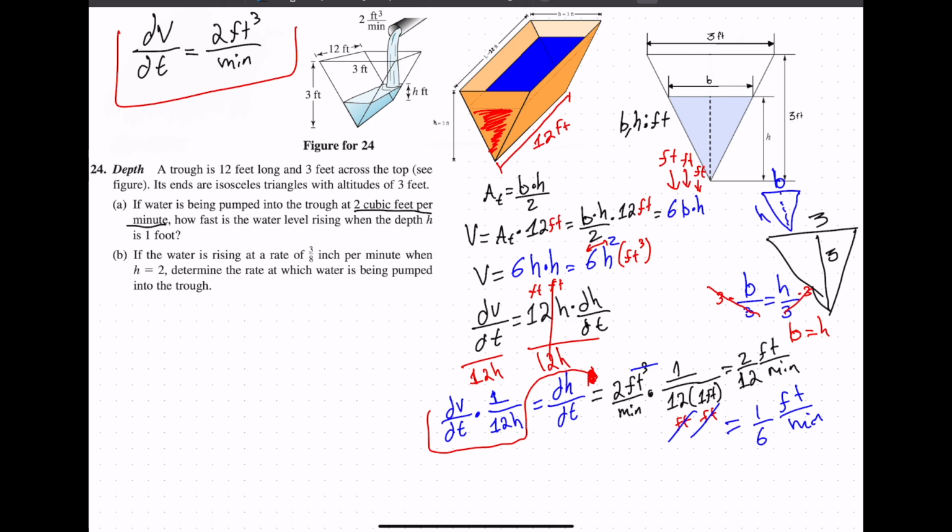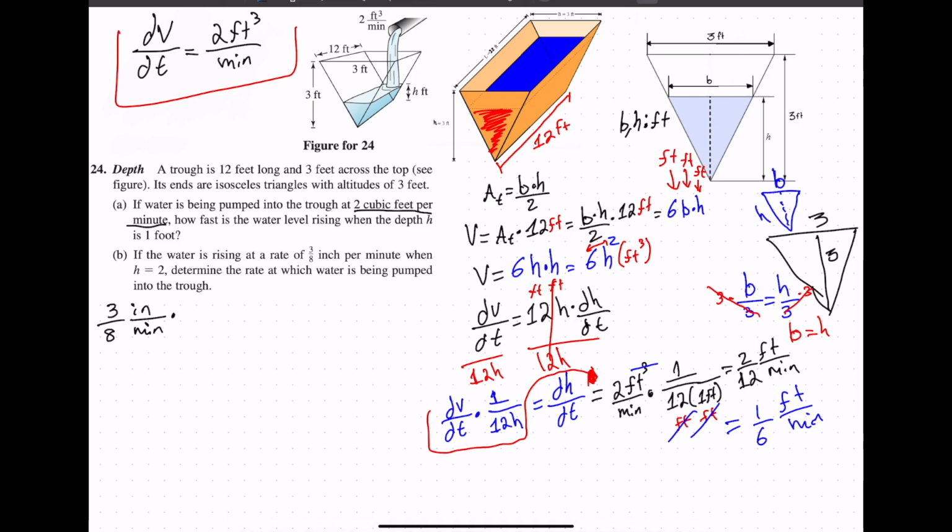It's just a fraction. Now, letter B, if the water is rising at a level of 3/8 inch per minute, let's do the conversion. All we need to do is change that to simply feet, right?